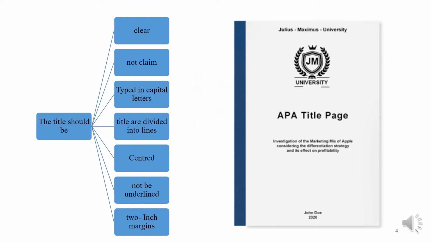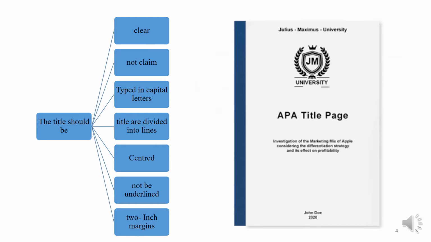I mean the APA title page. APA refers to the American Psychological Association. This is the style of the American Psychological Association, and that's the style we will follow, inshallah, in your graduation research, inshallah.